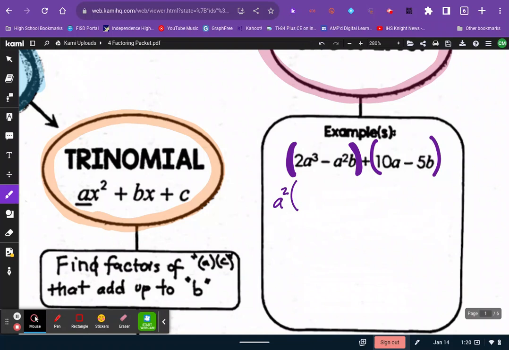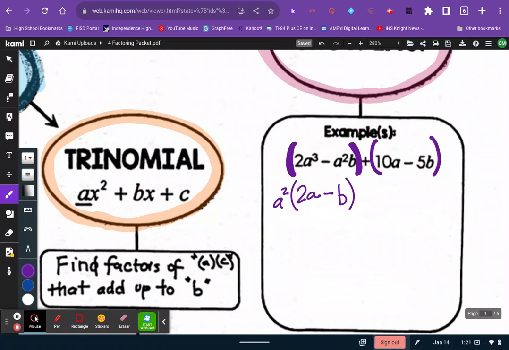When I take a squared away from 2a to the third, I'm left with 2a. Bring down the subtraction. When I take a squared out of a squared b, I'm left with b. And to do a quickie double check to see if you've done everything correctly, take this a squared and distribute it.